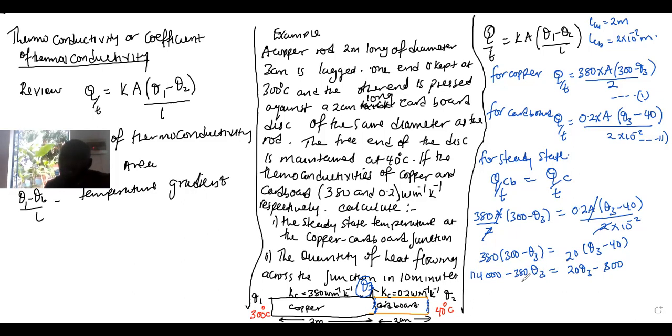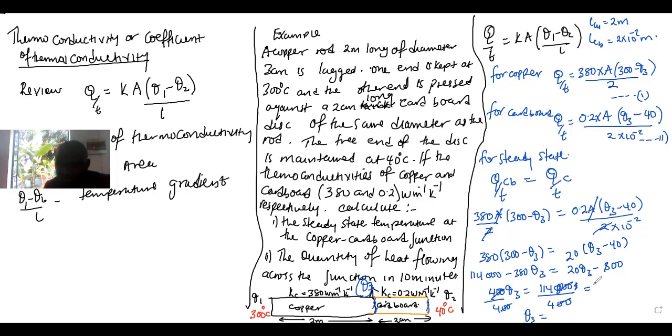So when I combine the two, I'll get 400 θ3 is equal to 114,800. So I can divide both by 400. What is θ3?